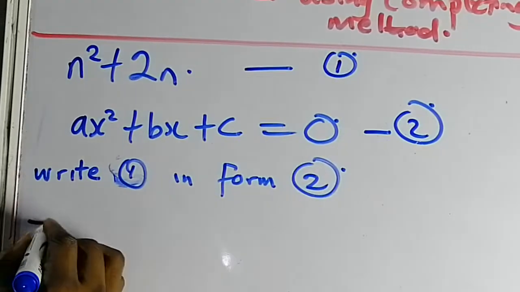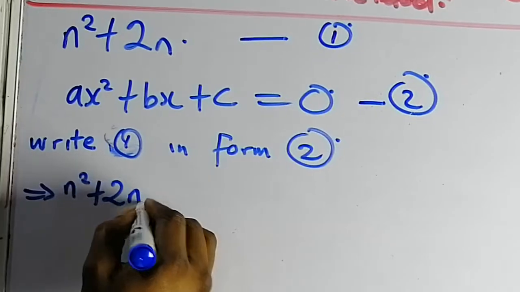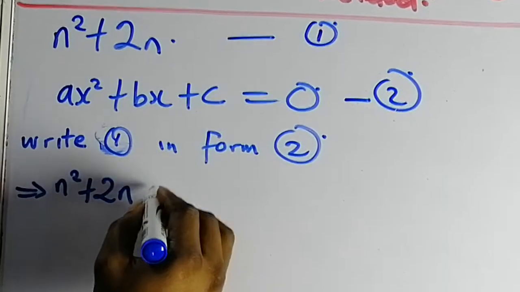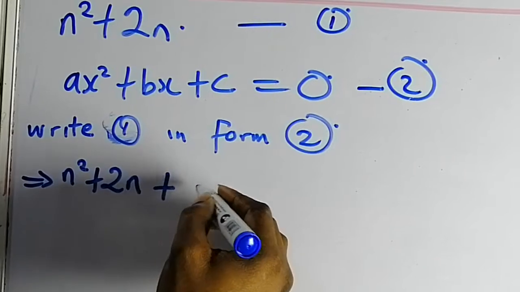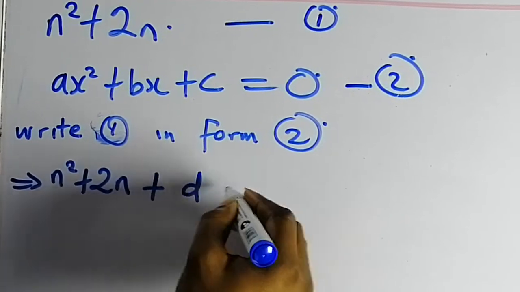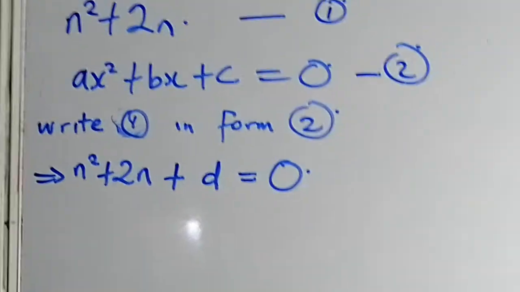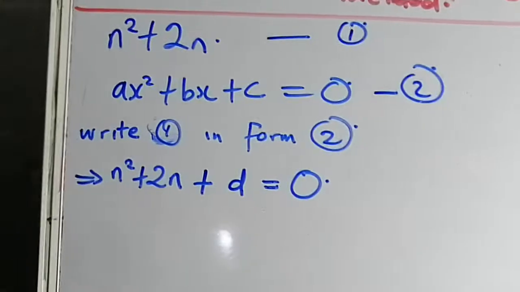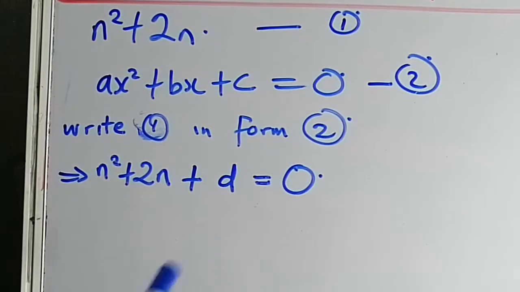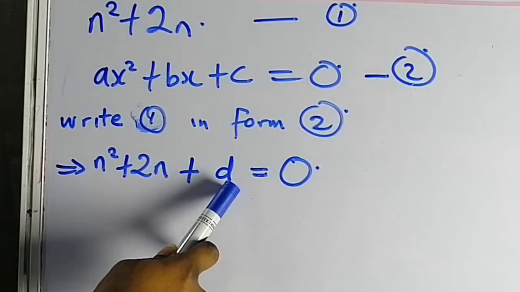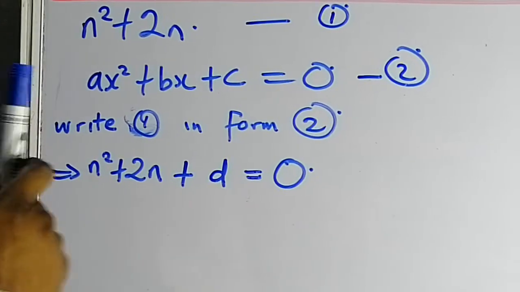So this implies n squared plus 2n, and we can use any alphabet to represent it, let me say plus d, equals 0. So we are making it look like a normal quadratic equation, and they are asking what must be the value of this d to make this equation a perfect square.